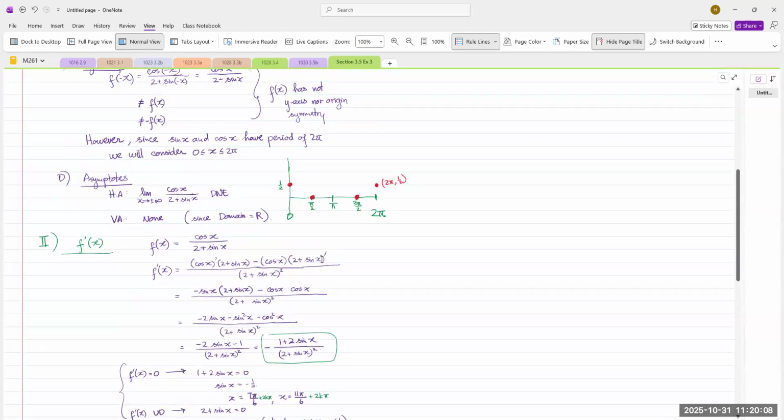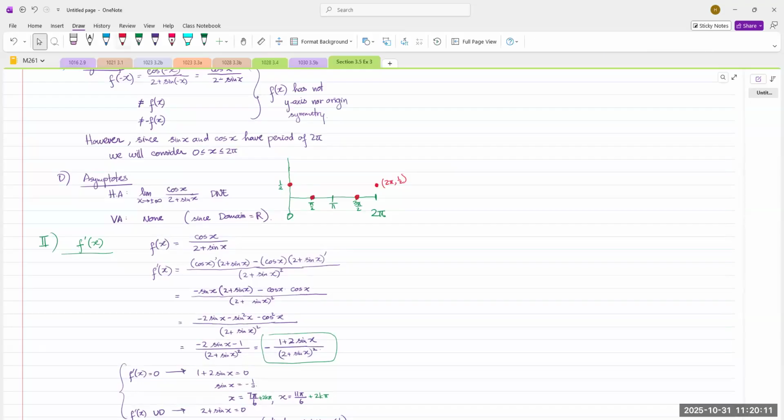We know that it will be a local minimum at 7 pi over 6, so let's say it's here, and a local maximum here, 11 pi over 6. So it seems like the graph will be going down here, then going up here, and then at some point it goes down again.